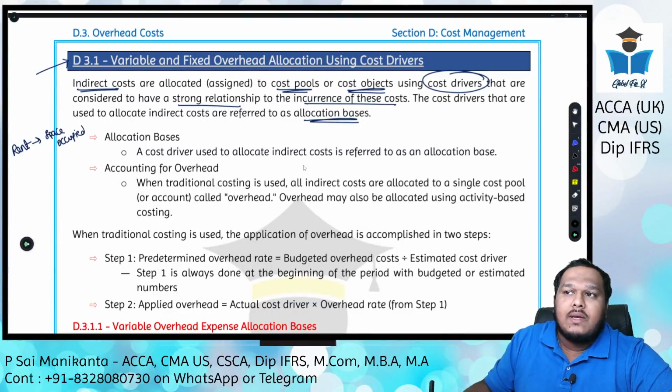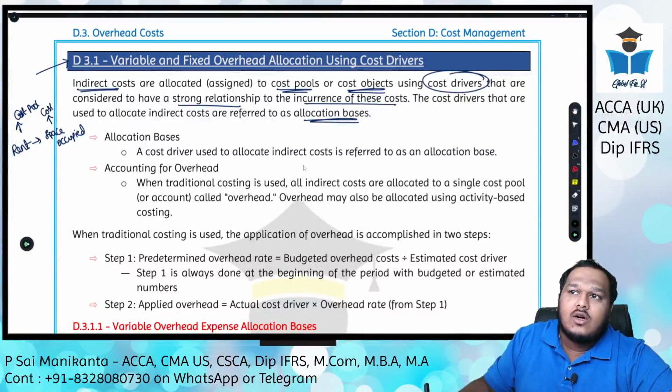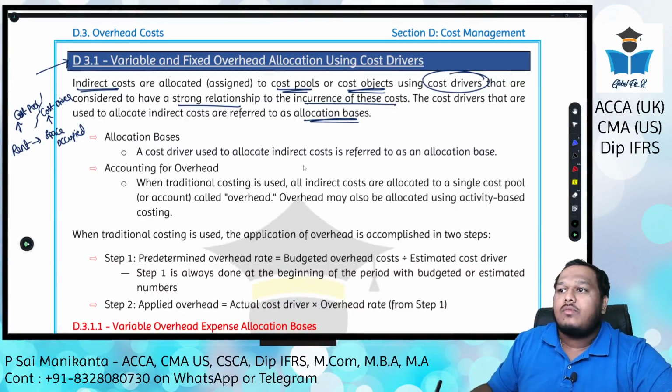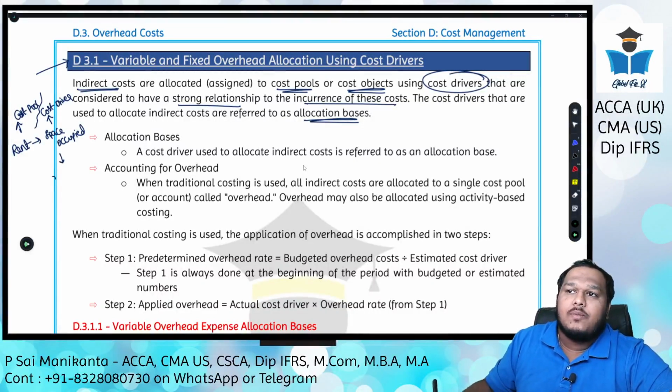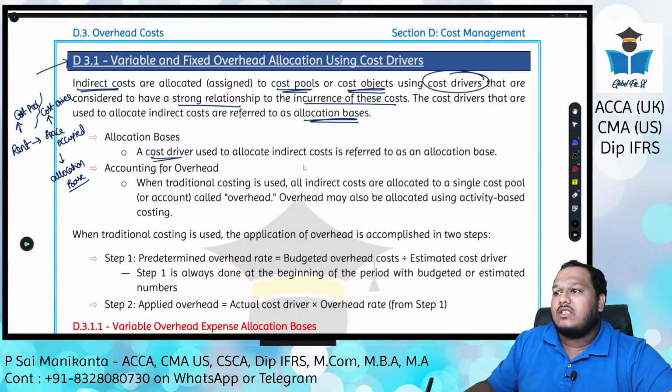Rent is called the cost pool, and space occupied is called the cost driver, right? So a cost driver which is used to allocate the indirect cost is referred to as an allocation base.